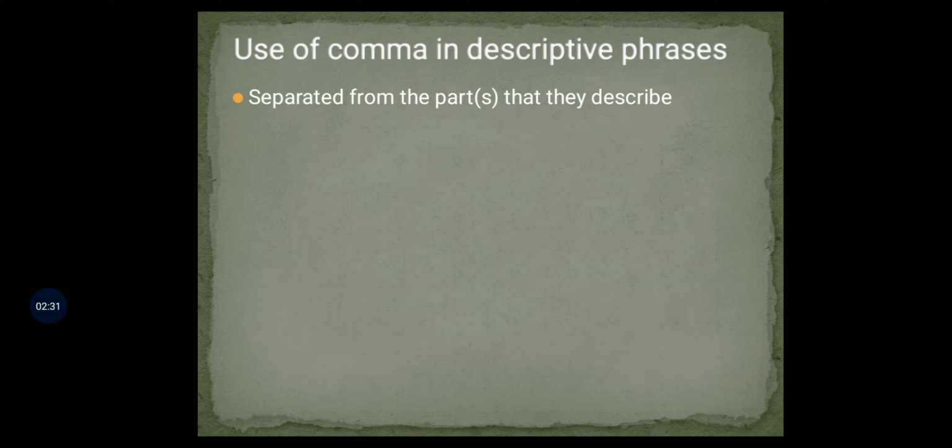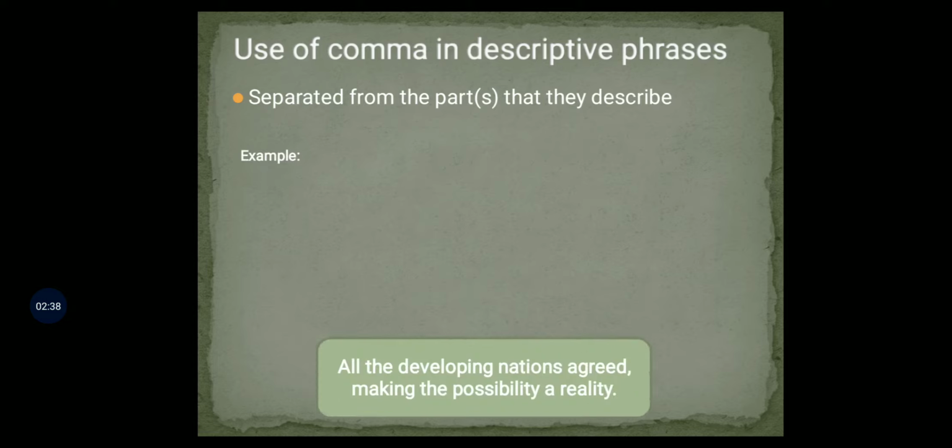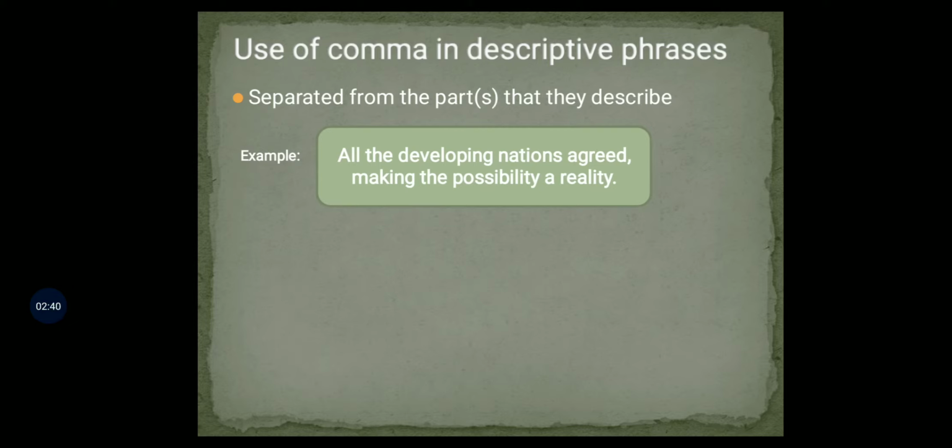This kind involves separation of words or phrases that describe each other. If we consider an example here, all the developing nations agreed, making the possibility a reality. If you look at the second part of the sentence that follows the comma, making the possibility a reality, this is nothing but a subordinate.